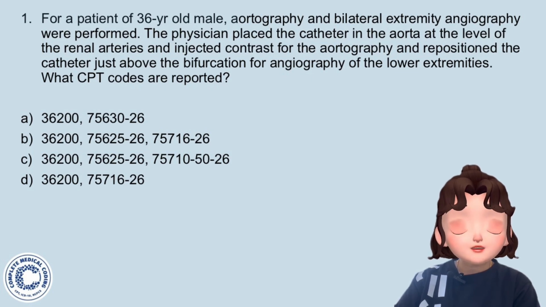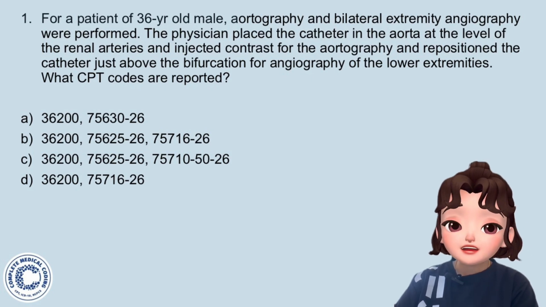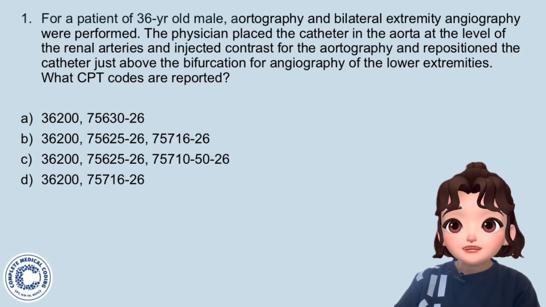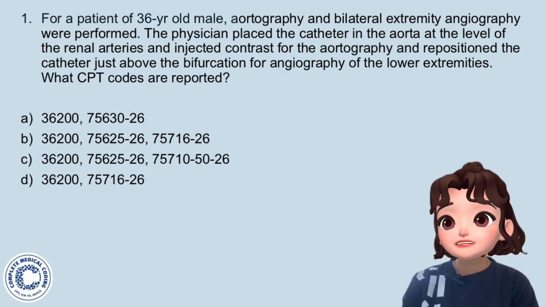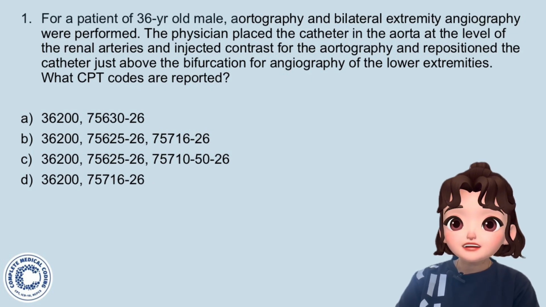Here it is aortography abdominal plus, so along with abdomen, bilateral iliofemoral lower extremity. Is this the iliofemoral lower extremity mentioned in the question? No, right? This is angiography of lower extremities. So aortography is only for the abdomen, not this combined code, abdomen plus iliofemoral. That is wrong. So that option is incorrect.